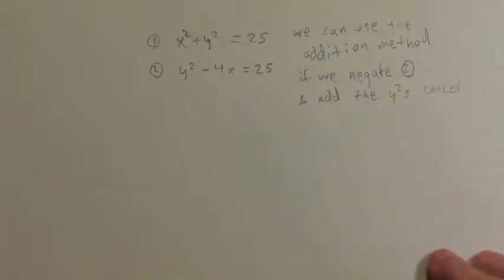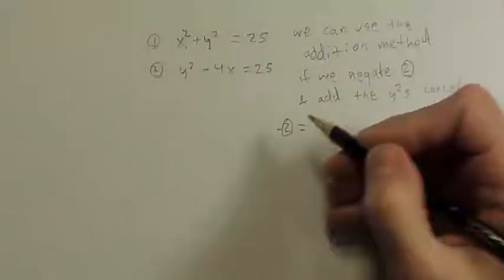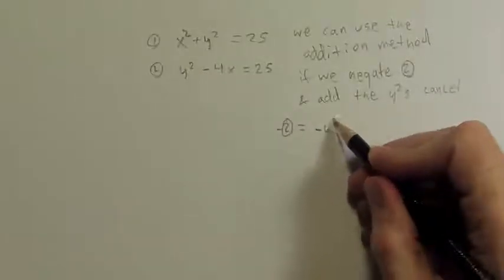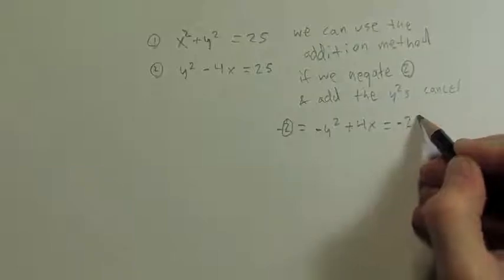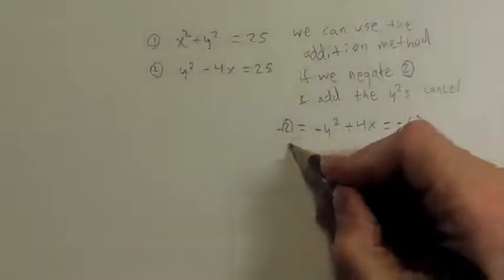Okay, so let's do it. If I negate 2, you'll get negative y squared plus 4x is equal to minus 25. Then I'm just going to add 1 directly to that.